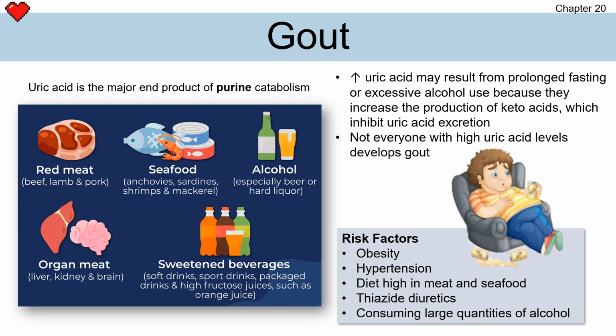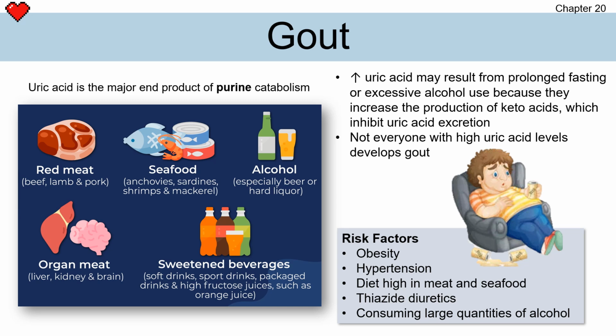Okay, so not everyone with high uric acid levels is going to develop gout. So maybe you go to your doctor and your uric acid levels are really high, but you don't have gout and you won't get gout. So that's not a definitive blood test to diagnose gout. However, if you come in and your big toe is huge, podagra, and you're obese, and we ask you and you drink a lot of beer, and you have high uric acid levels, okay, yes, then we're going to say you have gout.